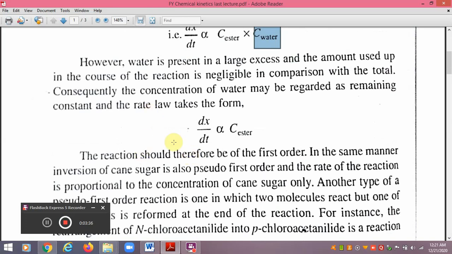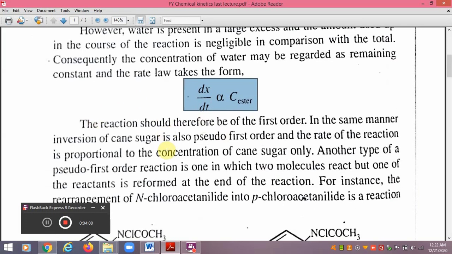So the actual rate equation can be written as dx by dt directly proportional to the concentration of ester, and the actual order of reaction is 1. Such reactions are called pseudo order reactions.